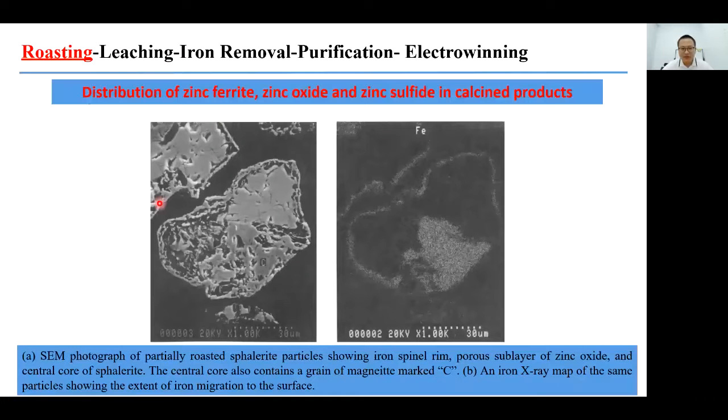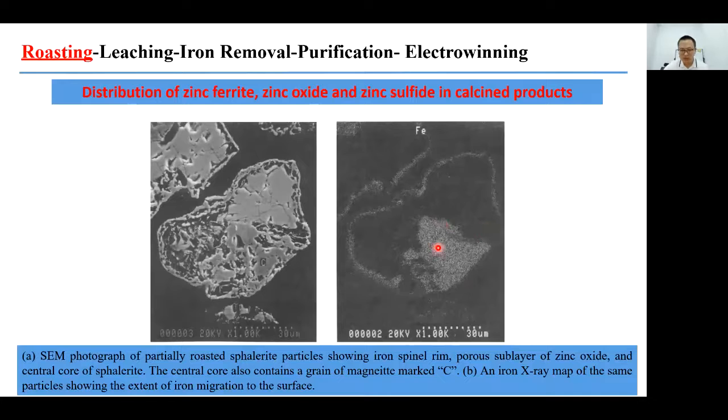So this is a photograph of a partially roasted particle. It is not fully roasted, but we can see how iron is moving in this process. This part is rich with iron. Iron is also rich in the coating layer, the outer layer, and this is the shell part.